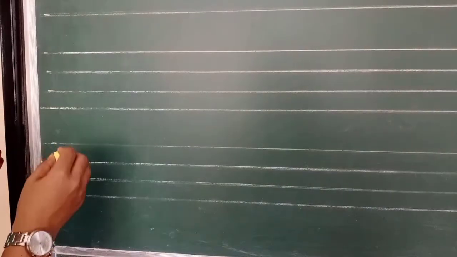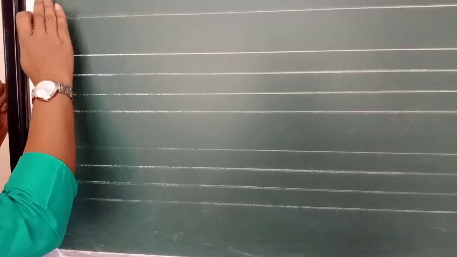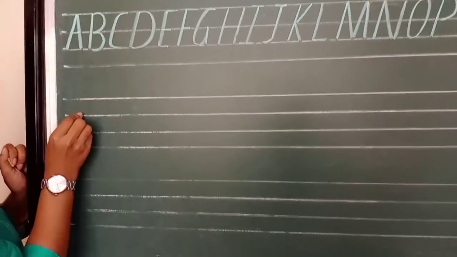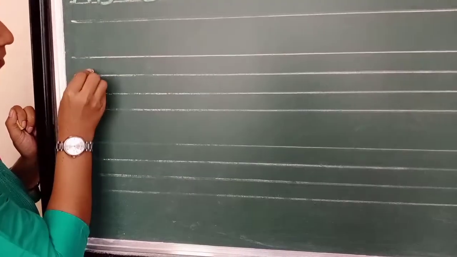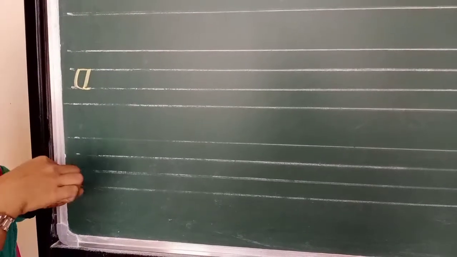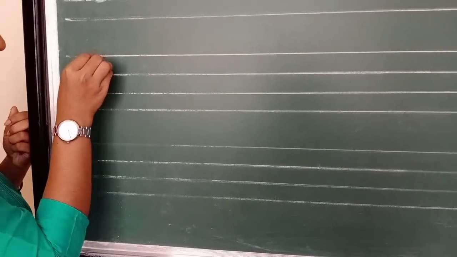Friends, now I am going to show you the difference between capital letters and small letters. See here, small letters should be placed, as I told you, in between the middle line and base line. Capital letters only the above three lines.